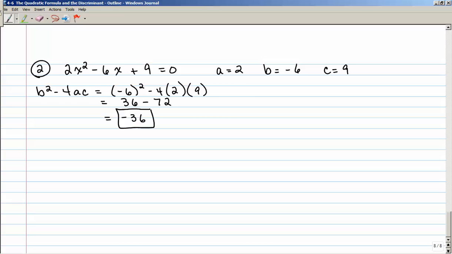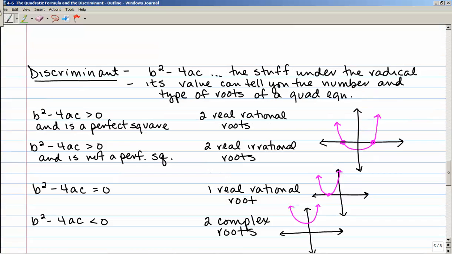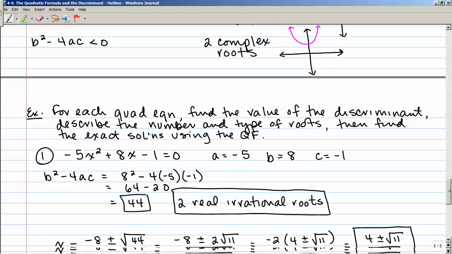So the value of the discriminant is negative 36. I'm going to go back to my chart here, because the discriminant is less than 0, it's a negative number, I'm going to have two complex roots.